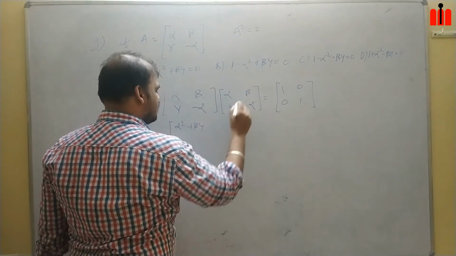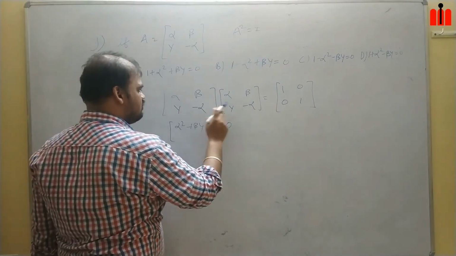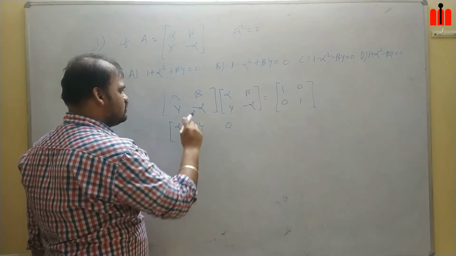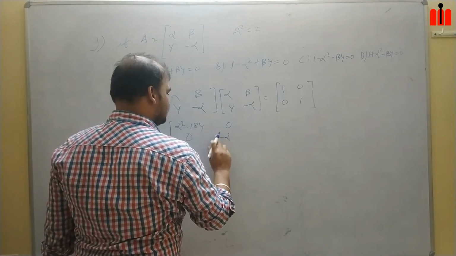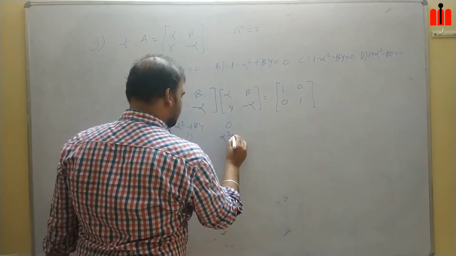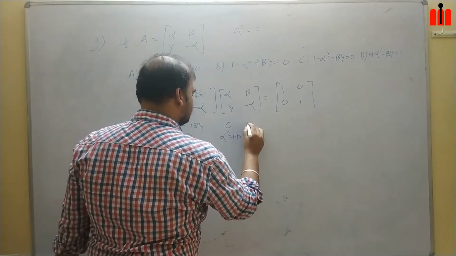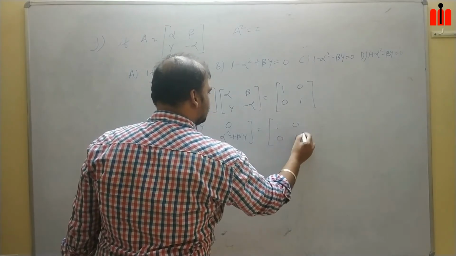After that alpha beta minus alpha beta, it will become 0. Alpha gamma minus alpha gamma, it will become 0. It is beta gamma plus alpha square, equal to 1, 0, 0, 1.